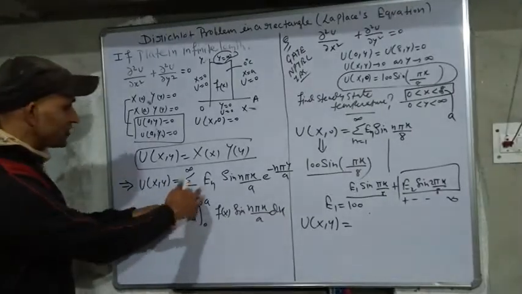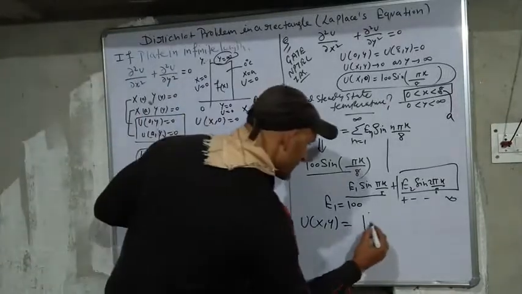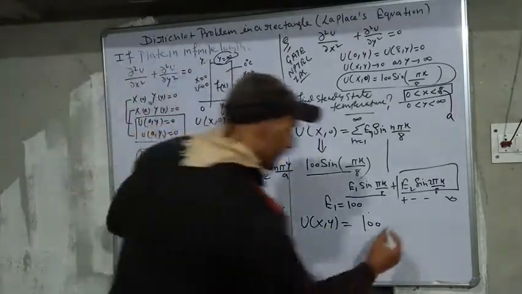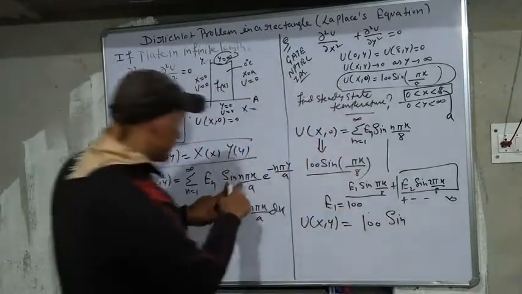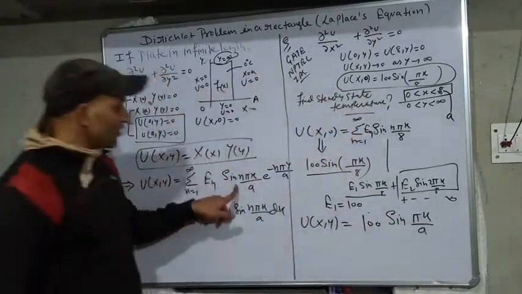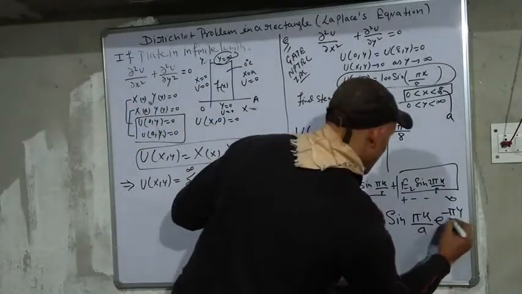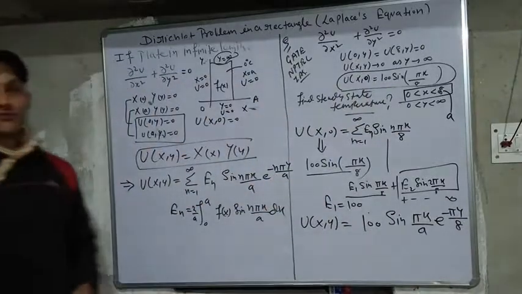For n equal to 1 it will work. So for E1 equal to 100, the sine is working for 1, so you will write only pi x upon a, and e to the power minus pi y upon 8. This is your solution.